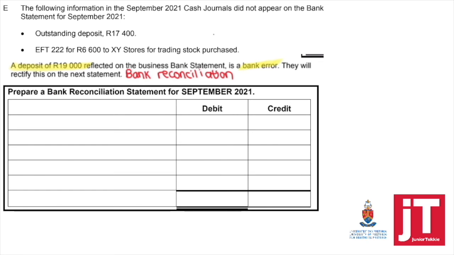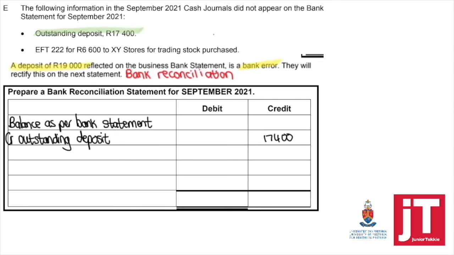Completing the bank reconciliation statement, we start with, always know your format, balance as per bank statement. They didn't provide you with the balance as per bank statement. It's not a mistake on the paper. It means that this becomes the balancing figure, which you will need to calculate. So now we're going to look for, was there any outstanding deposits? Yes, 17,400.